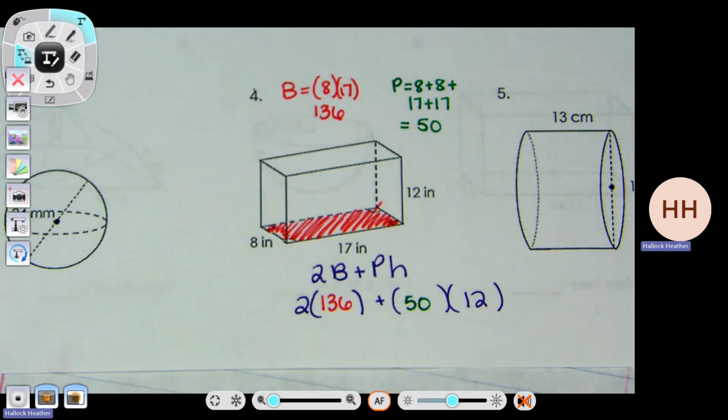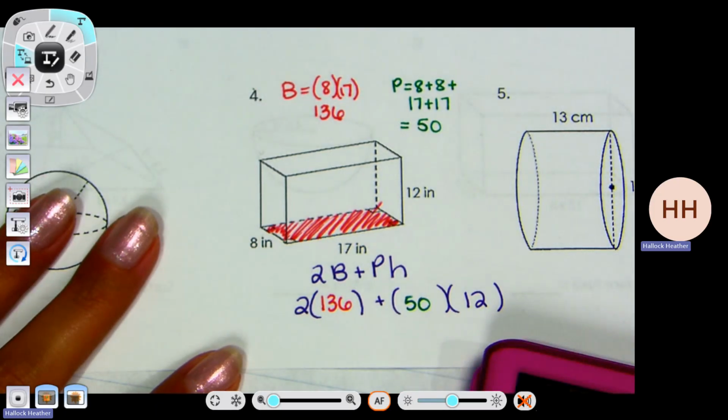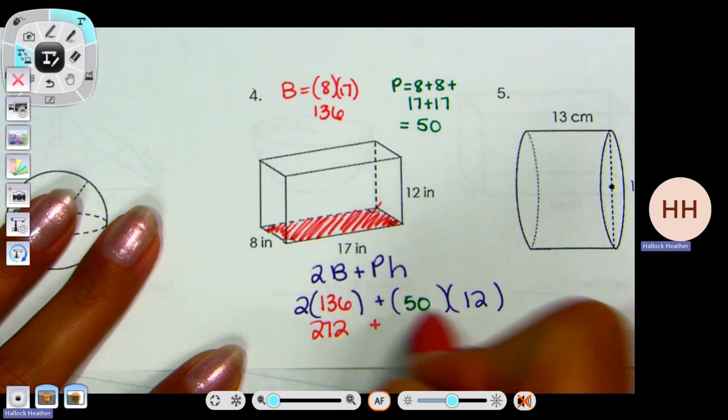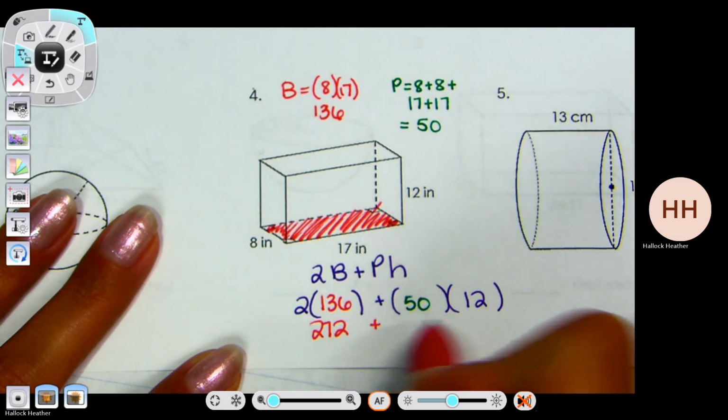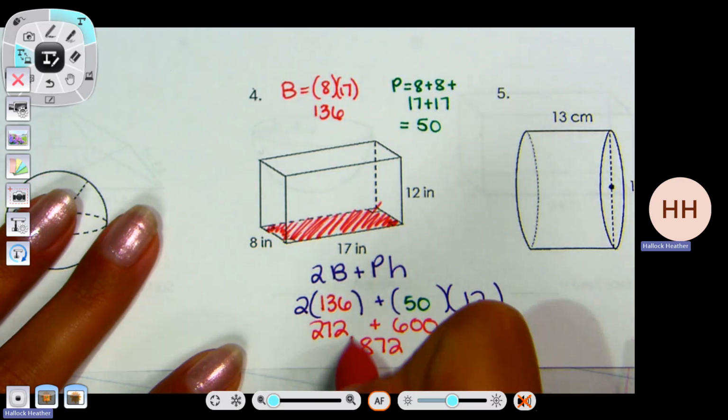And then you're ready. Okay, so 2 times 136 is 272. Over here, if you multiply those together, what do you get? 600. You add them, 872.